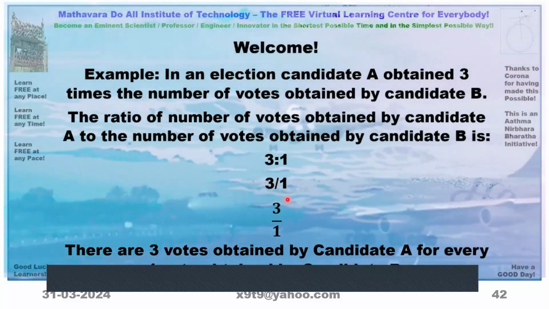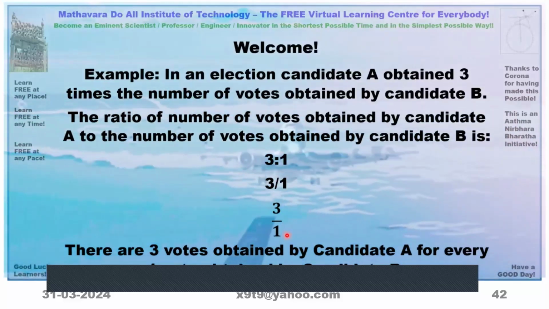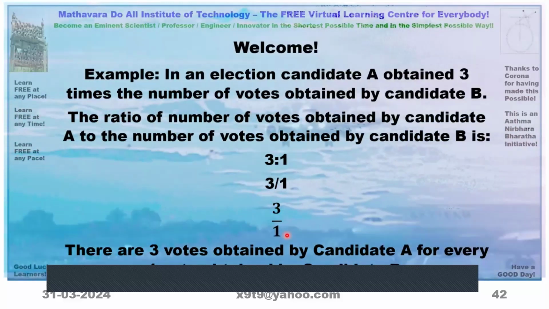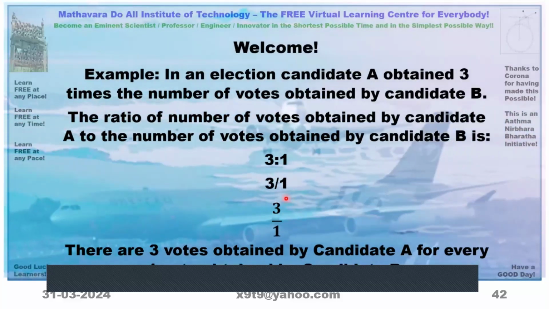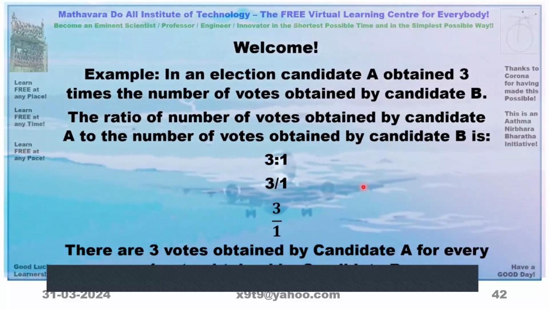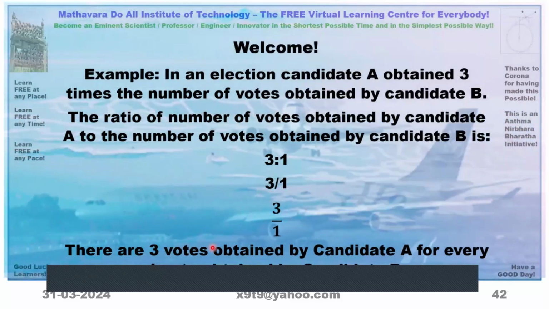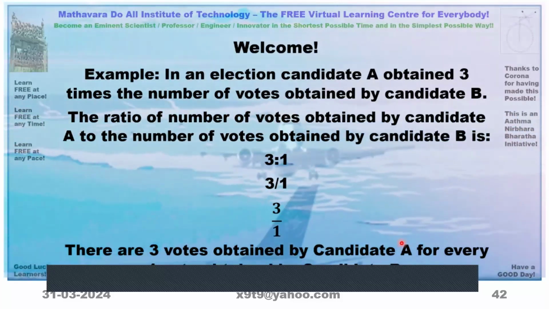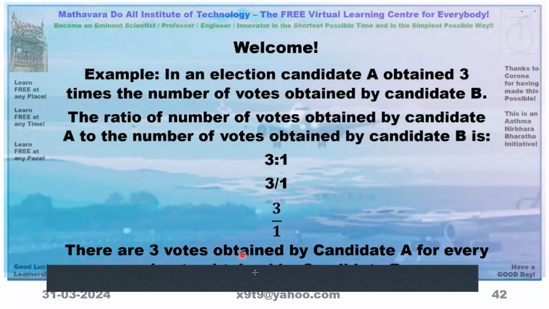You can write 3 divided by 1, or 3 by 1 in this form also, the numerator-denominator form. The numerator is the first item in the sequence, and the second item is the denominator. So there are 3 votes obtained by candidate A for every vote obtained by candidate B. That is the meaning of that.